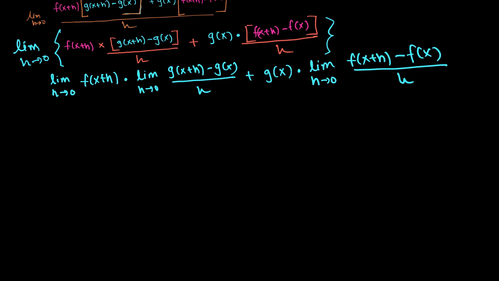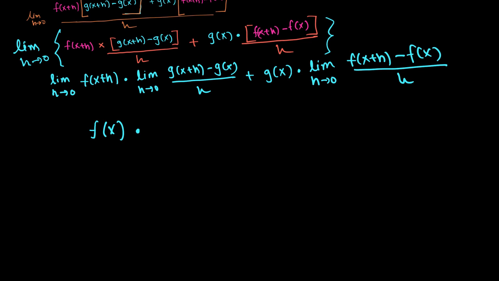So I could write this as f of x plus 0, which is f of x. So this whole part can be written as f of x, because if you plug in h equals 0 in that expression, you are not getting an error. So the limit when h is tending to 0 would simply be f of x.